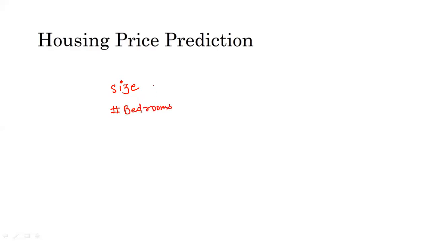Because if a family size is very large, then the size of the house would be large, and the number of bedrooms required would also be more. And based on these two attributes or input features, that is the size of the house and the bedrooms, we could apply these input features to a node or a neuron, and this basically defines the family size.